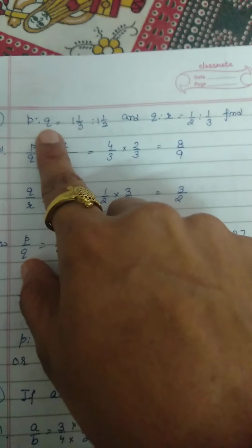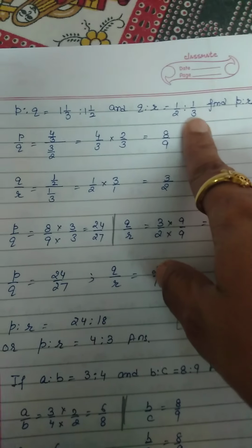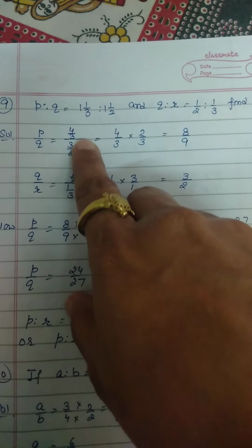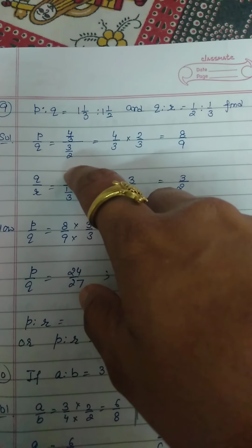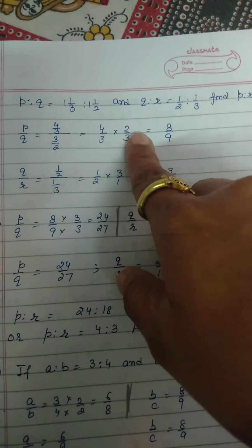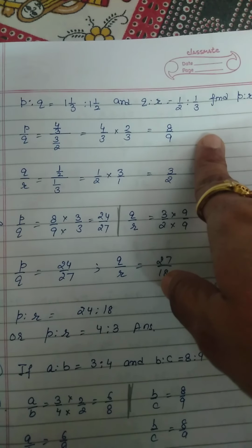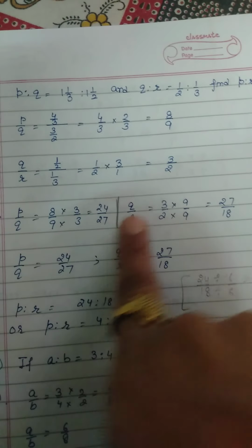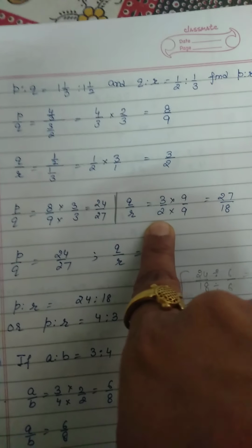Next is the same. P ratio Q is given, Q ratio R is given. First of all, we will simplify P by Q. When your denominator is in the form of a rational number, we make it a multiply and reciprocal. We get the simple value. Similarly, the other simple value. Now P by Q is 8 by 9, Q by R is 3 by 2. What is common?